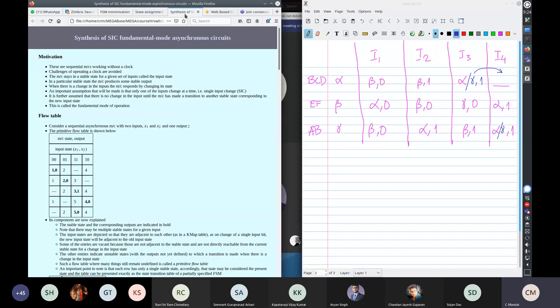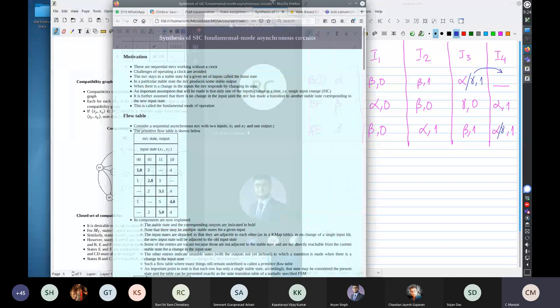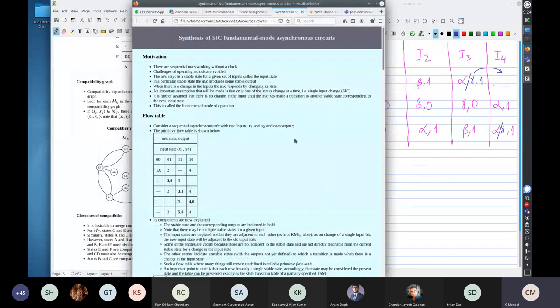So far you have studied only the D flip-flop. There are some other flip-flops also. We'll look at those. So let us look at asynchronous machine design.